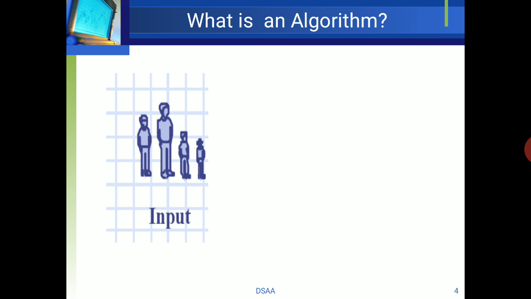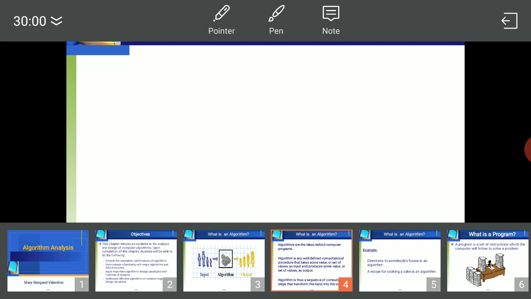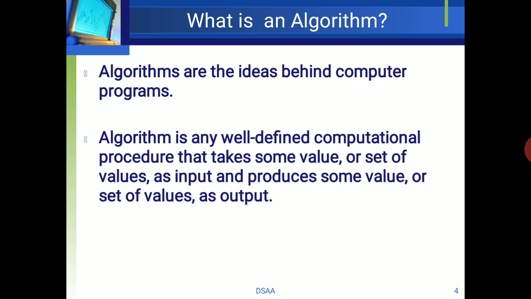We will see the proper definition of an algorithm. Algorithms are the ideas behind computer programs. If I want to write any program, I will not directly go and write it. First I will write the layout of that software or program. So algorithms can be called the ideas behind computer programs.